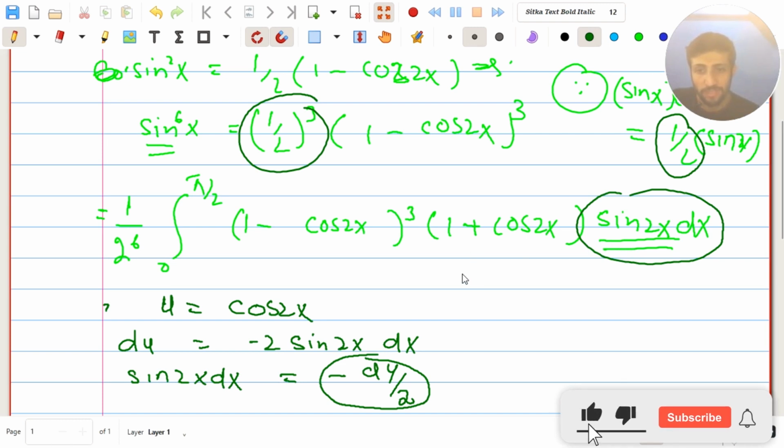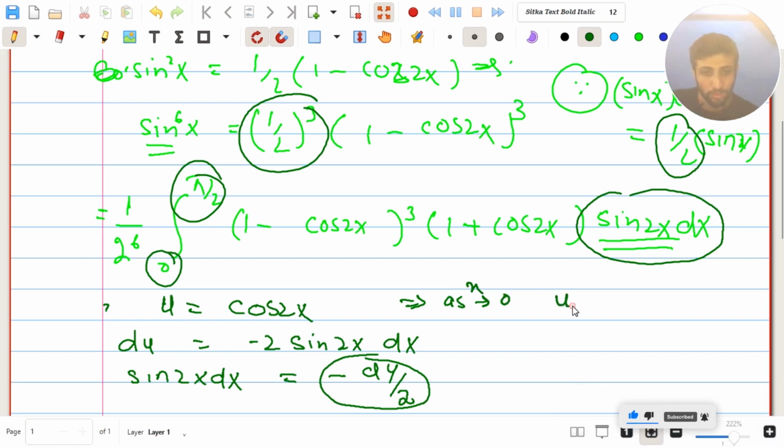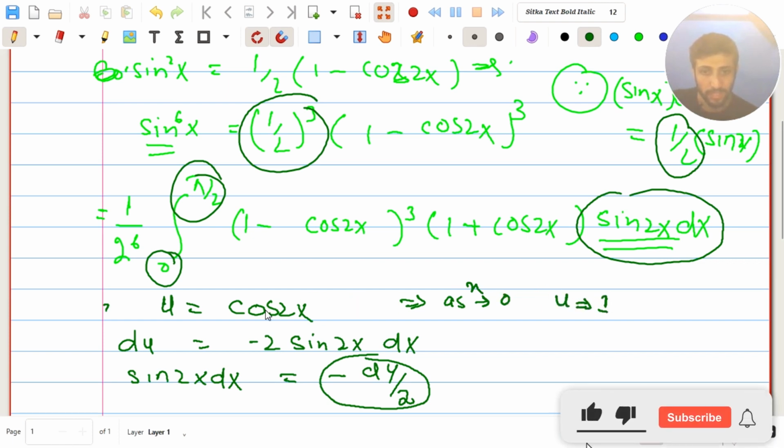Now remember one thing: if I am substituting u equals cos 2x, then the lower limit and upper limit both will change. To find the limits, as x approaches 0, u will be 1. Plug in x as 0 here, so cos 0 equals 1.